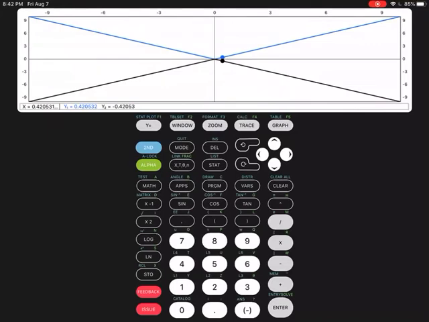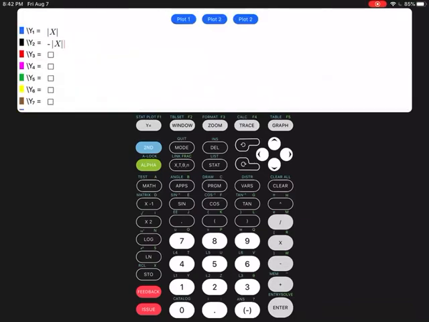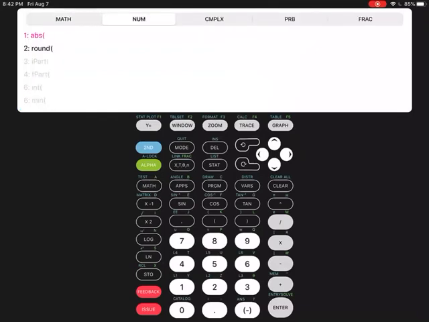Let's see what happens. So look at the graph. The original one, the parent function, is blue, and now this is basically upside down. So I reflected it over the x-axis. But it did not seem to get steeper or wider or anything like that. But what happens if it's negative 3 absolute value of x?